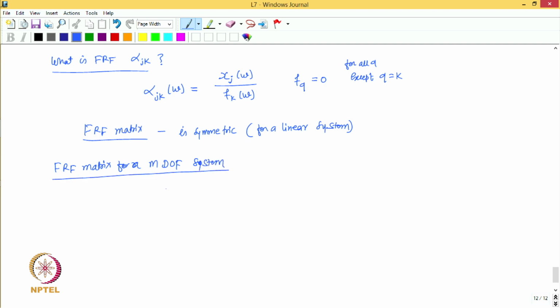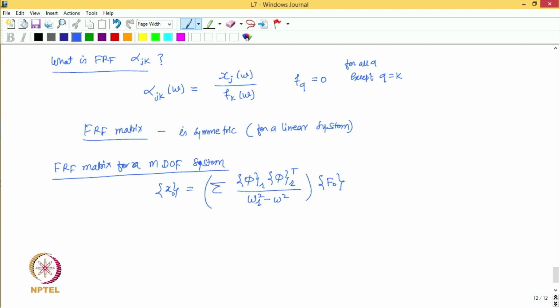So if we look at the expression we got for the steady state response amplitude, let us write that expression again. That expression was phi r transpose divided by omega r square minus omega square f naught, isn't it?